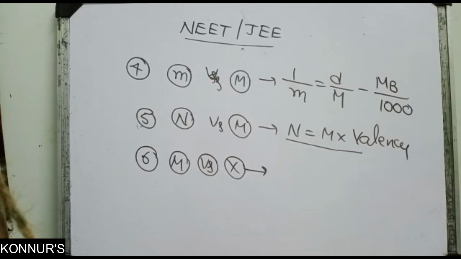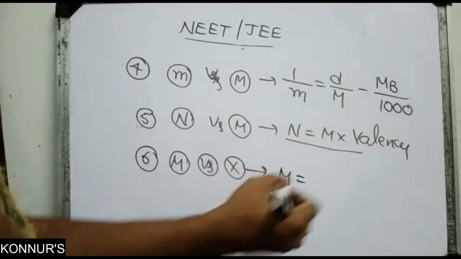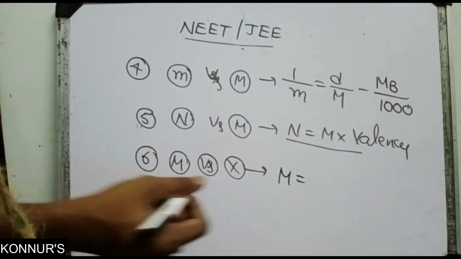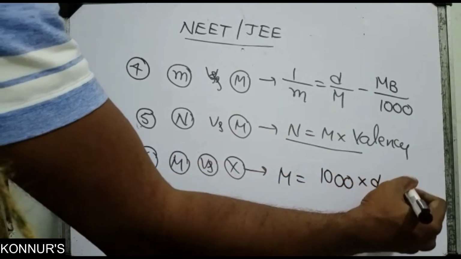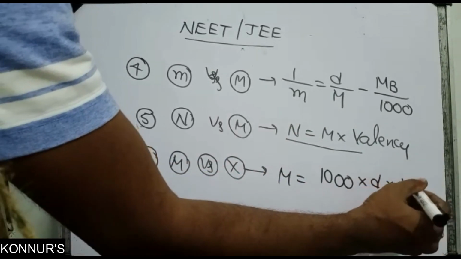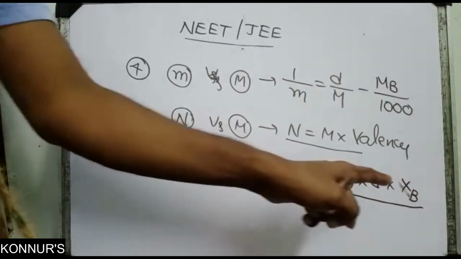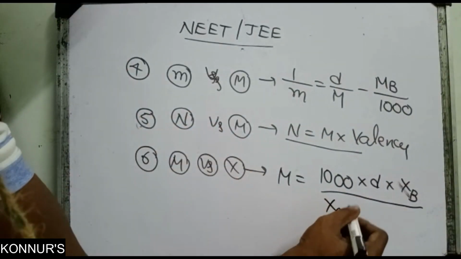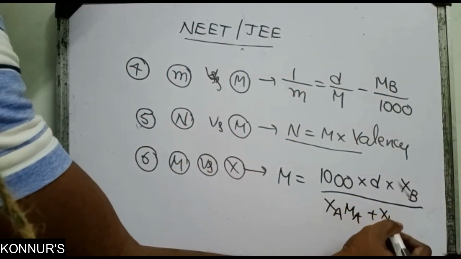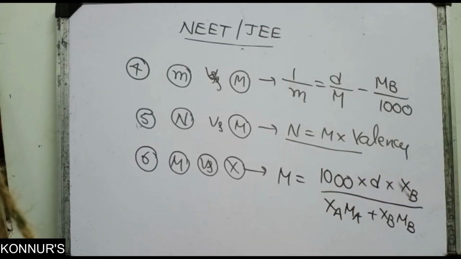Here molarity capital M equals, as before, 10 into D into X, so now 1000 into D into XB, where XB is the mole fraction of solute. Suppose XB, you can write as 1 minus XA, divided by XA plus XB. So these are very useful formulas you can apply. These are mainly important in NEET and JEE.